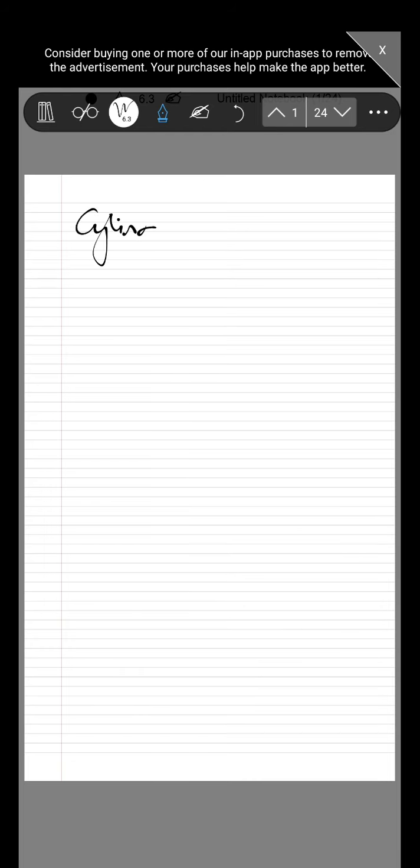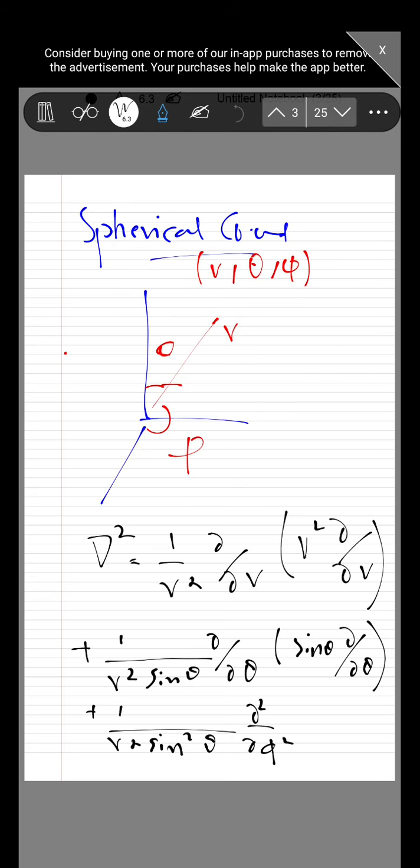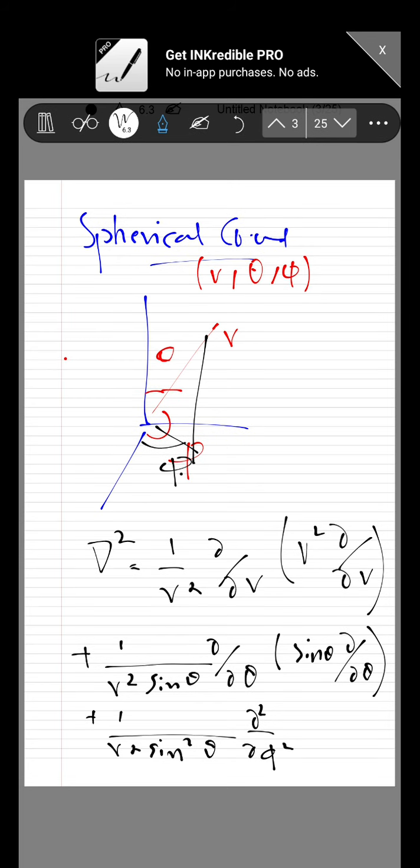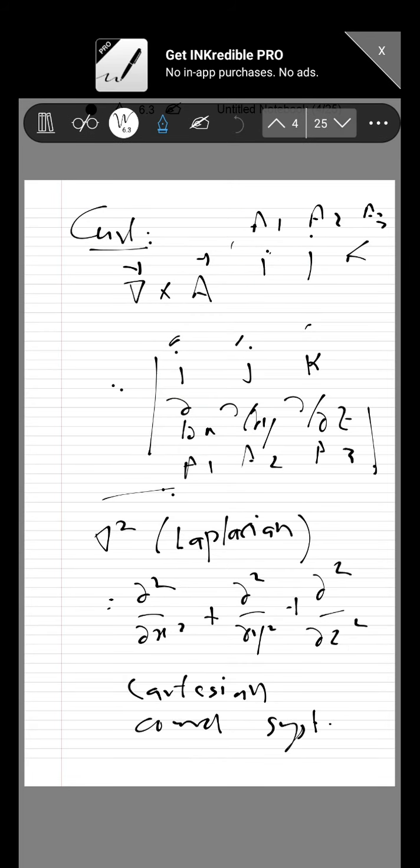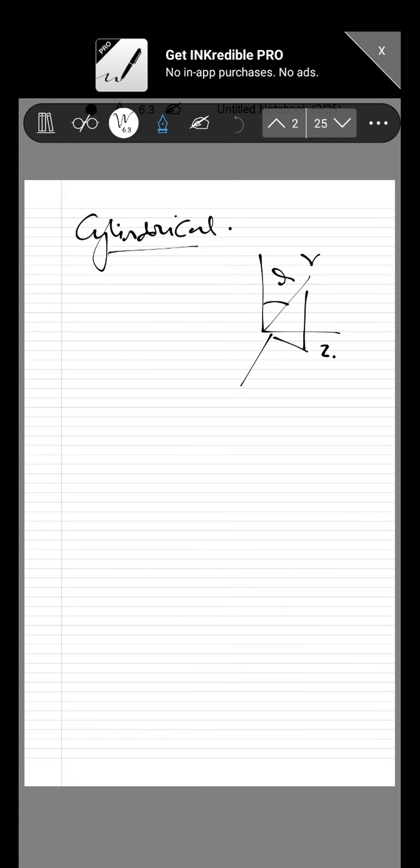And in cylindrical coordinates it is something like this, denoted by r and theta, and this quantity is z here. So I missed one thing in spherical polar coordinates. This is actually rho phi. So it is represented by r, theta, and z.